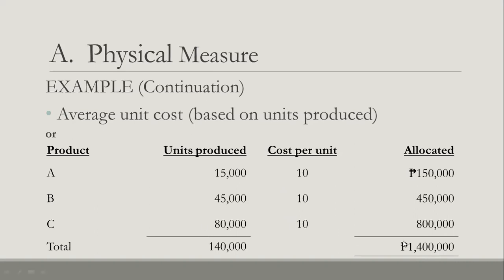So 1.4 million divided by 140,000 units produced, you get 10 pesos as your cost per unit. So you fill in this gap with the 10 pesos, and you assign the 10 pesos cost per unit to products A, B, and C. You multiply the units produced by your cost per unit, and you will get the same allocated joint cost. So that's another approach.